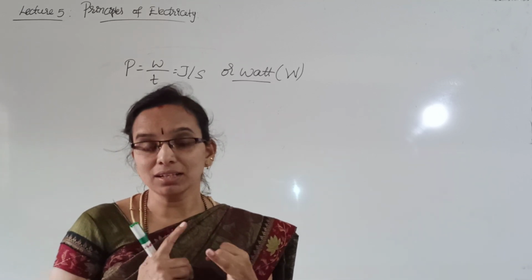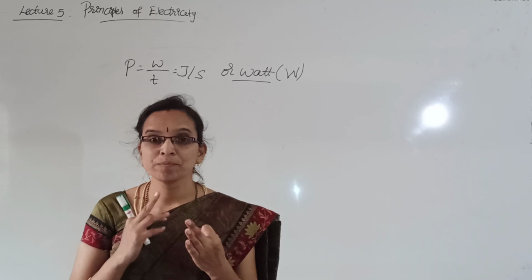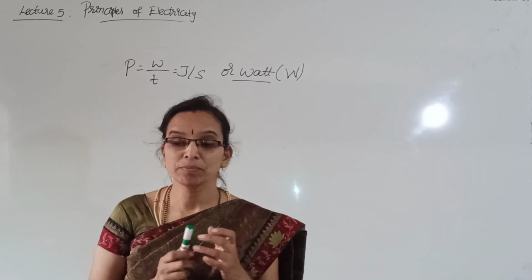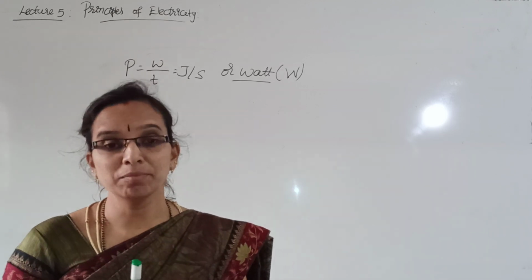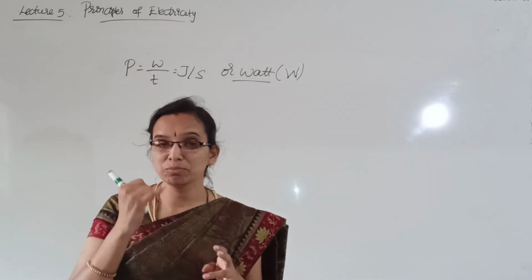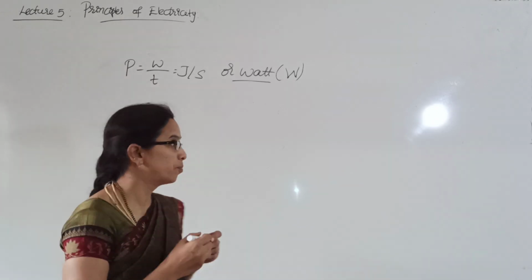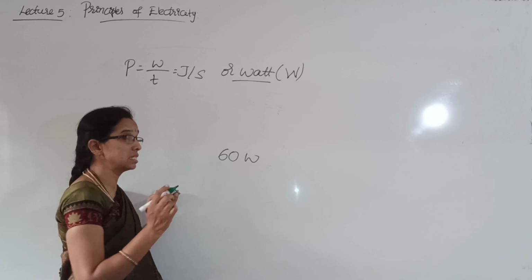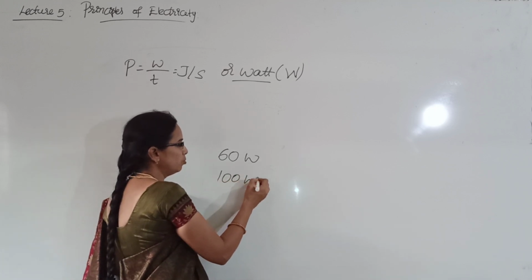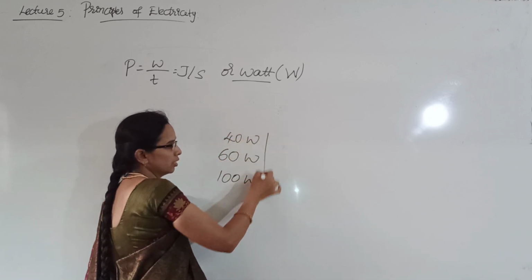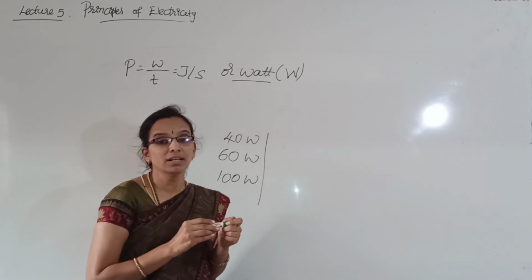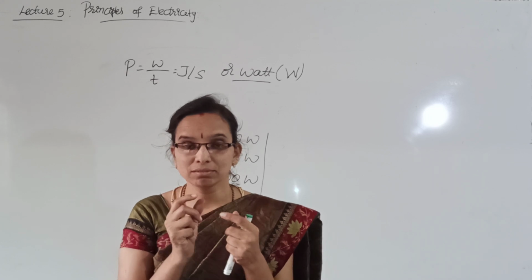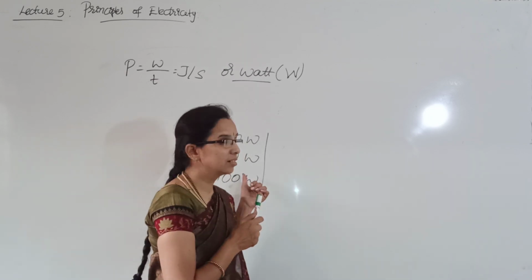Almost all electrical instruments or devices, the efficiency of those devices can be measured using power rating. You can observe it on the iron box or any bulbs: 60 watt bulb, 100 watt bulb, 40 watt bulb. You can see this on a CFL bulb if you purchase it.